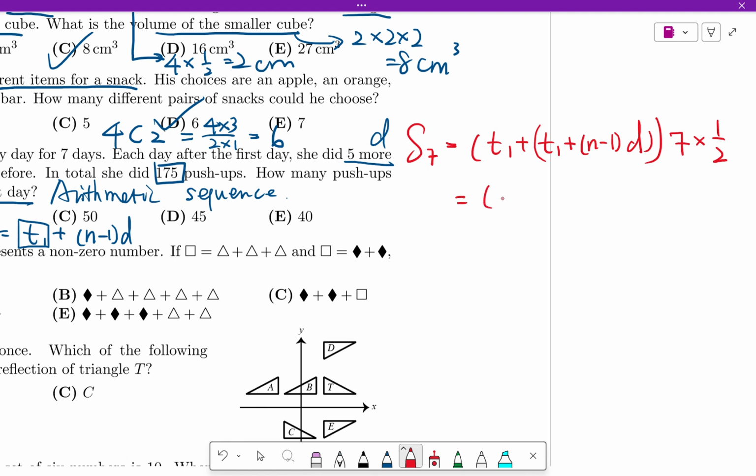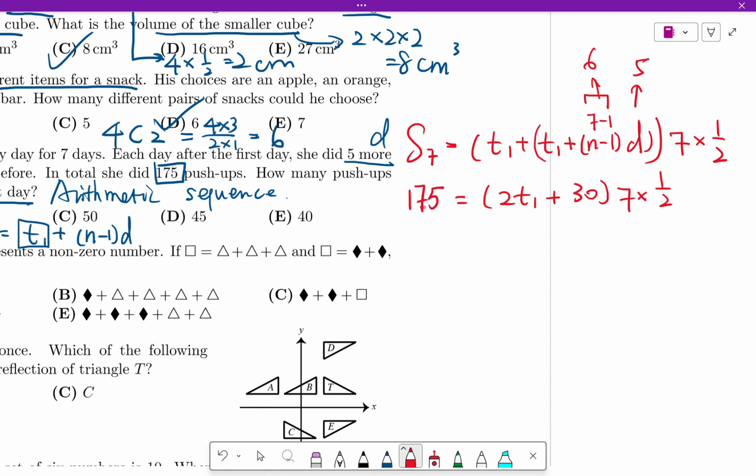So we would have 2t1 plus 6, because this is 7 minus 1, so this bracket will give us a 6, and d is 5, so plus 30, times 7 times 1/2 is equal to 175.